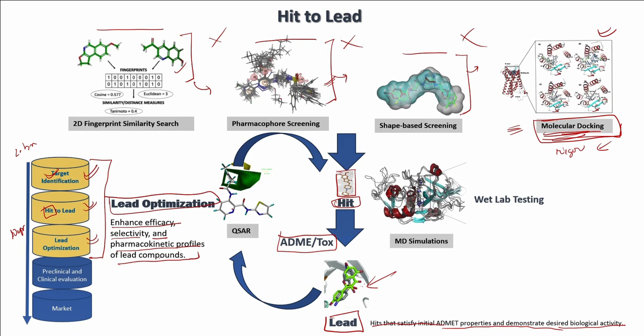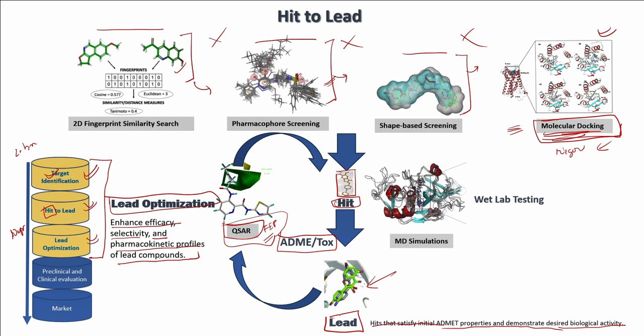Once you have the lead molecule optimized, you can do preclinical trials. In the preclinical stage, you will be testing in an animal model, and once you have positive results, you can go for clinical trials, where you try your potential drug molecule in the human population.